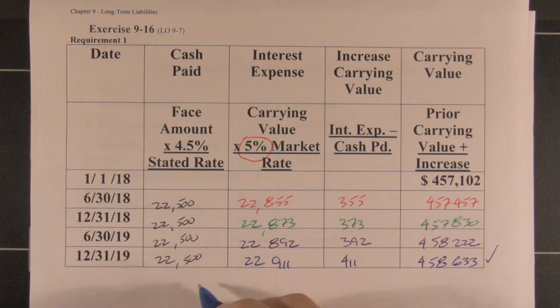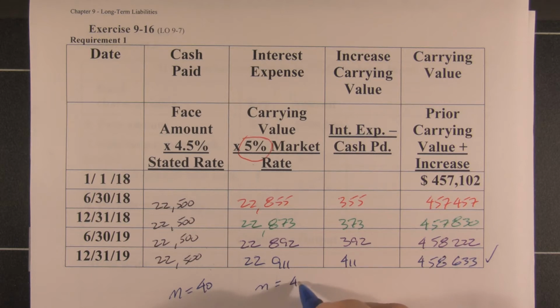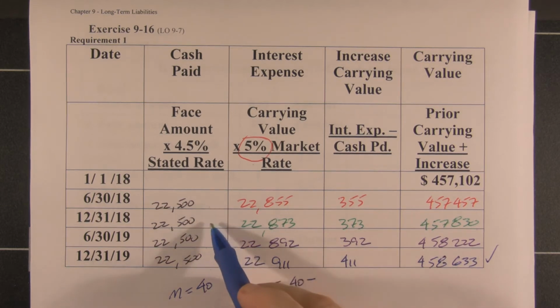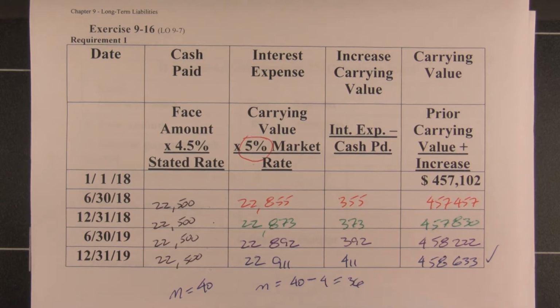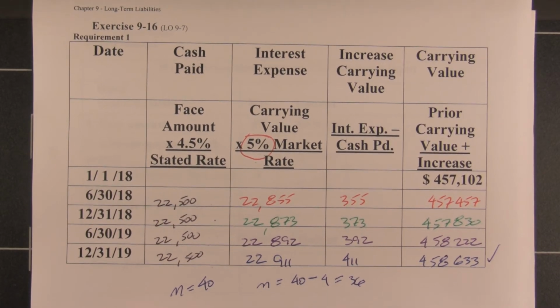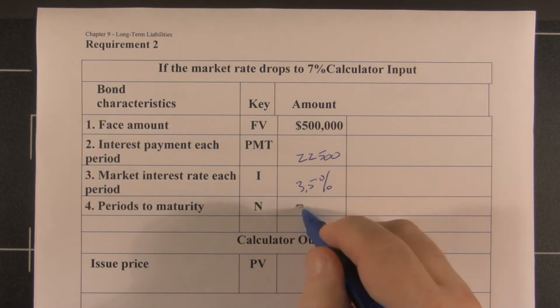So at the beginning n equals 40, the number of interest periods. But now the number of interest periods is 40 minus these 4, or 36. So the periods to maturity are 36.